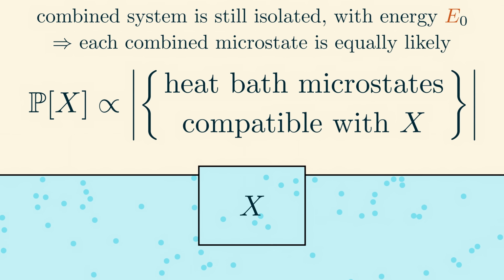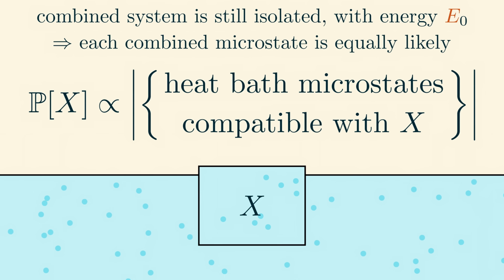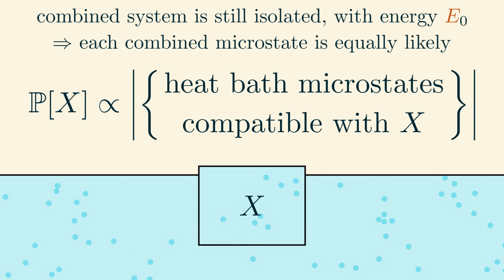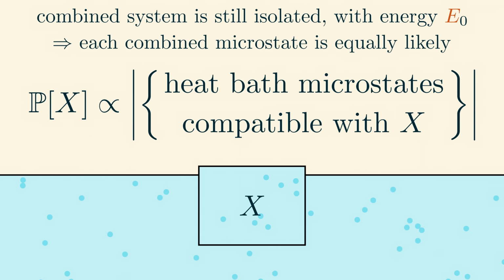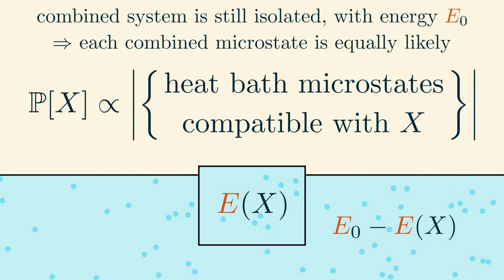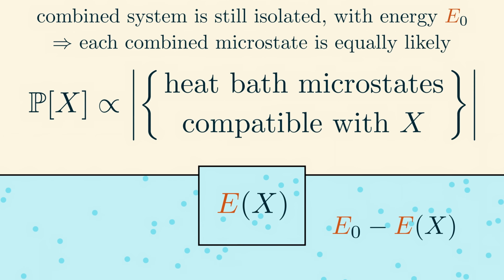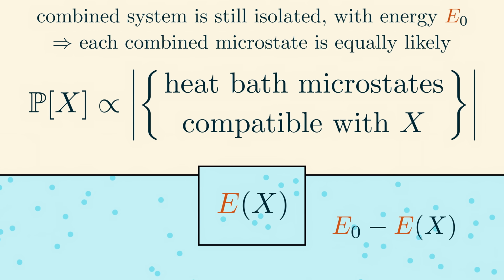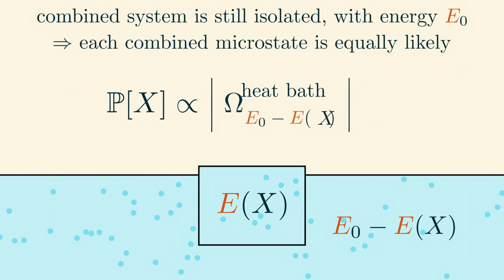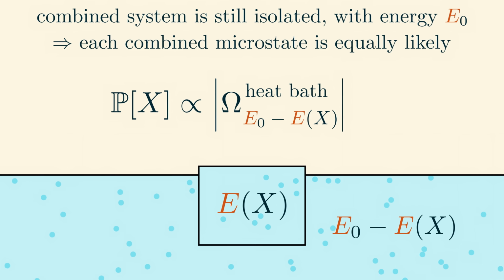Since the two systems can only exchange energy, a microstate of the heat bath is compatible with a microstate x of the little system exactly when it has the right energy, which is the total energy minus the energy of x. So the set of heat bath microstates compatible with x is the same as the set of microstates with this energy, which we can write using our omega notation.